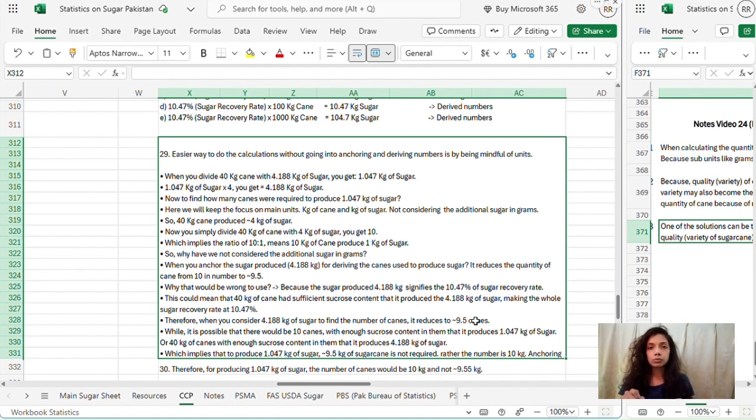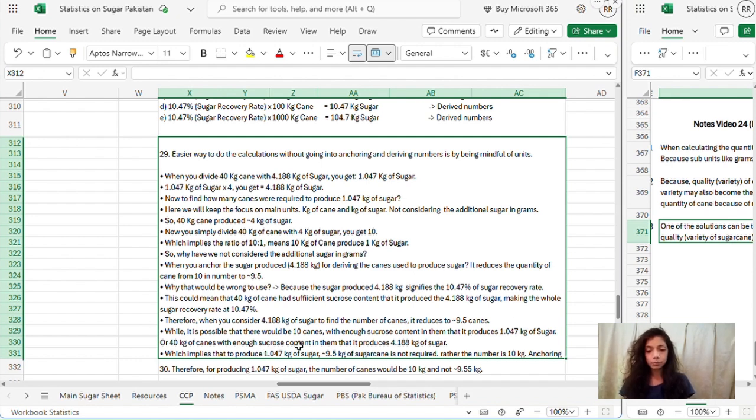But when we calculate it on a large scale, let's say in 1000 kgs, for every kg in the 1000 there is an additional 188 grams of sugar, and when we add that 188 to every unit of 1000, it really changes into kgs. Therefore, when you consider 4.188 kg of sugar to find the number of canes, it reduces to 9.5 canes that we have just discussed.